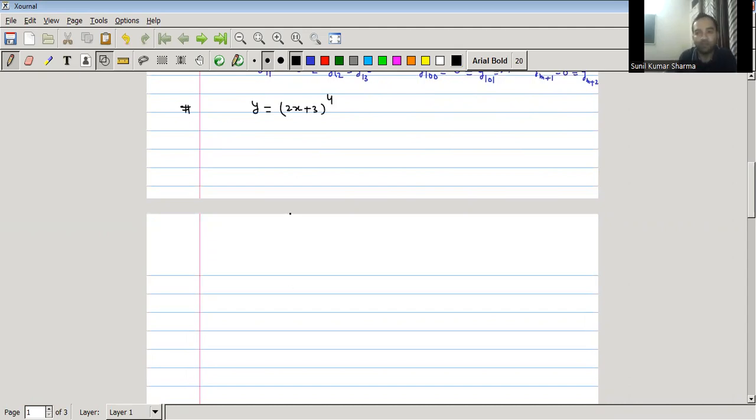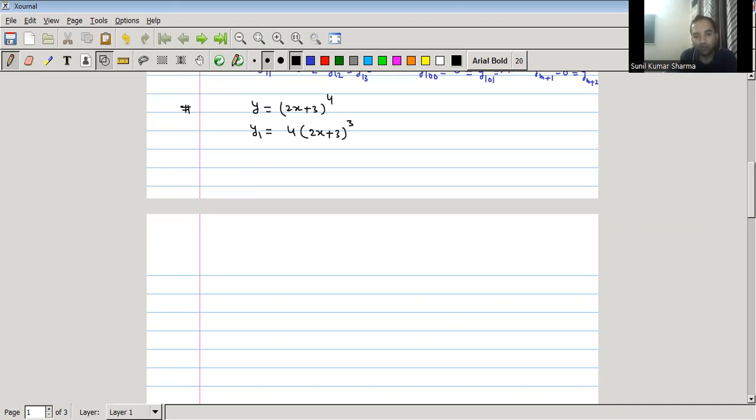So we have y is equal to (2x plus 3) to the power 4. Now we have to find y1. y1 means the first derivative of y with respect to x. So the derivative of this is 4 into (2x plus 3) to the power 3. 4 minus 1 is 3.